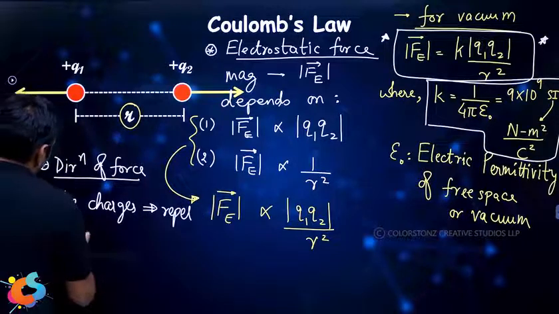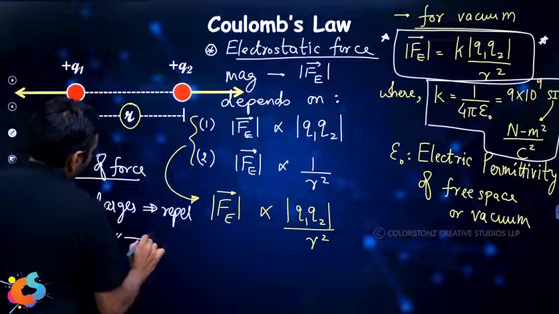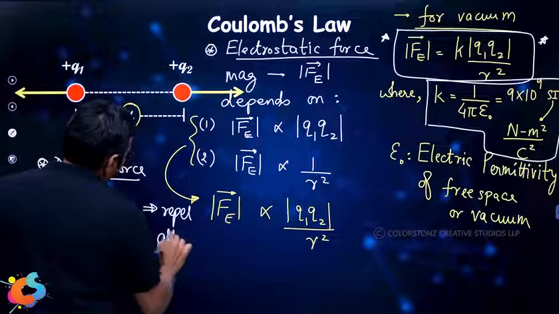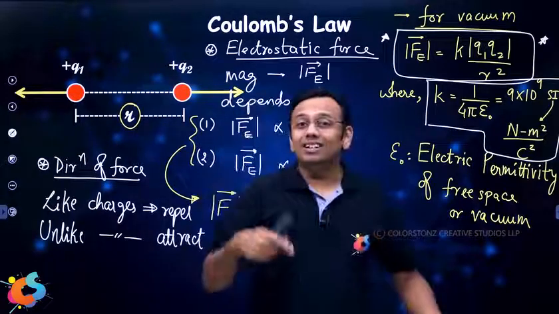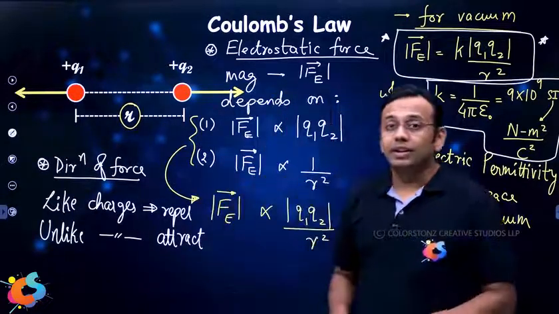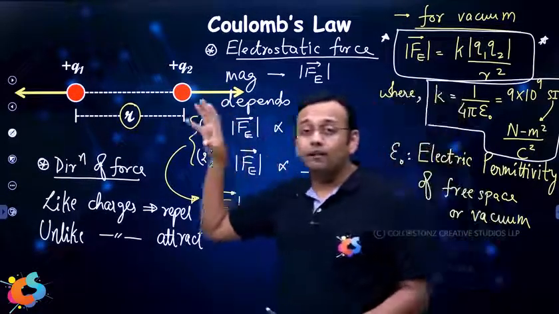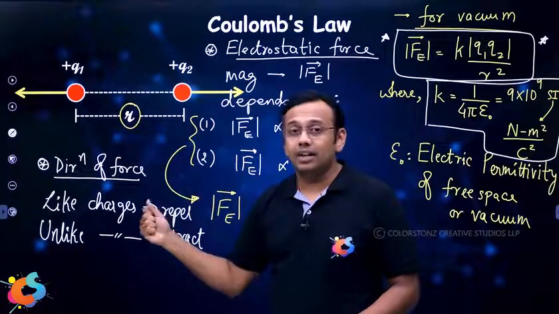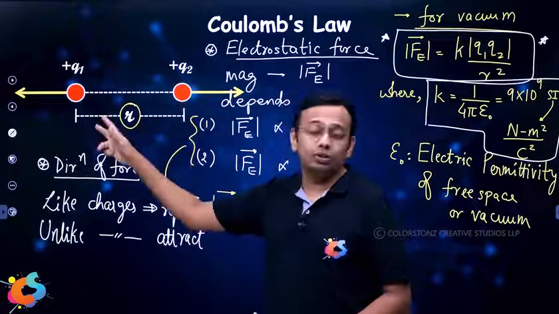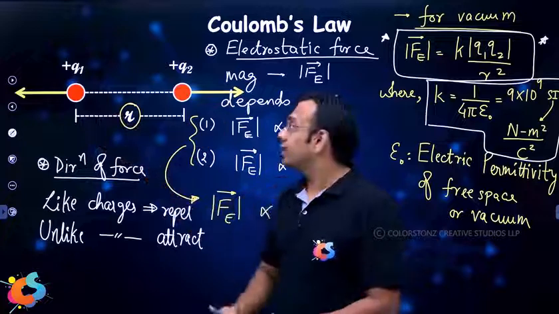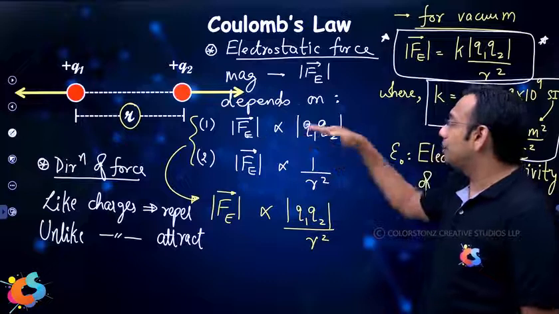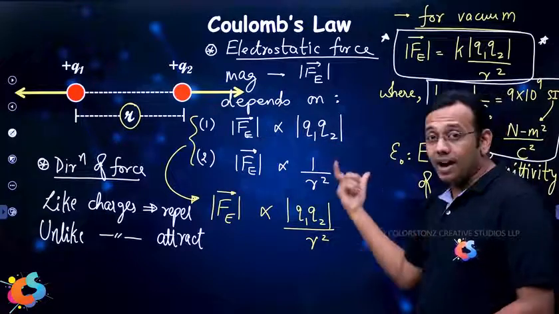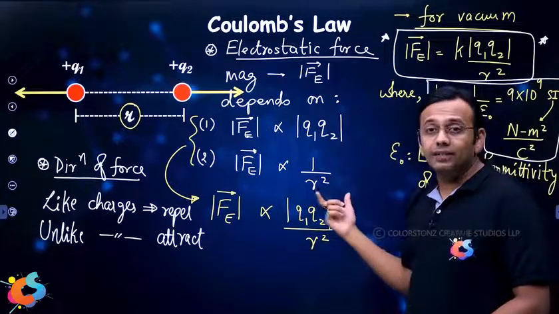Unlike charges attract each other. Very important. And this covers the direction also. All right. So the magnitude of the Coulombic or electrostatic force acting between the two particles is dependent on two factors. First is the product of the two charges, its magnitude, because we don't want the negative sign.